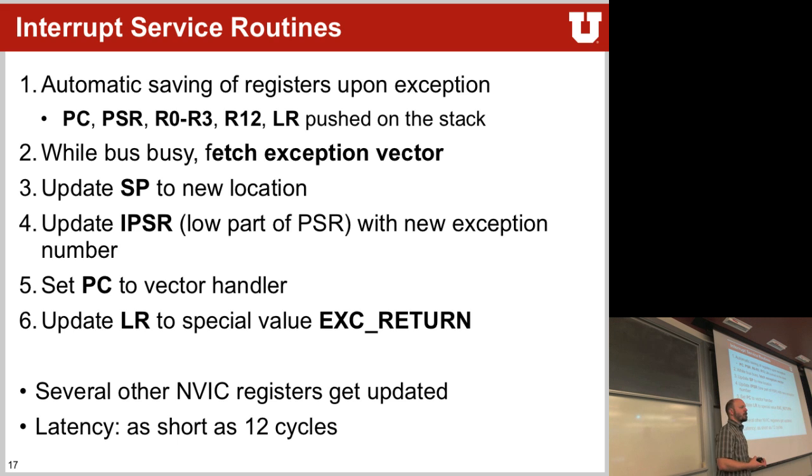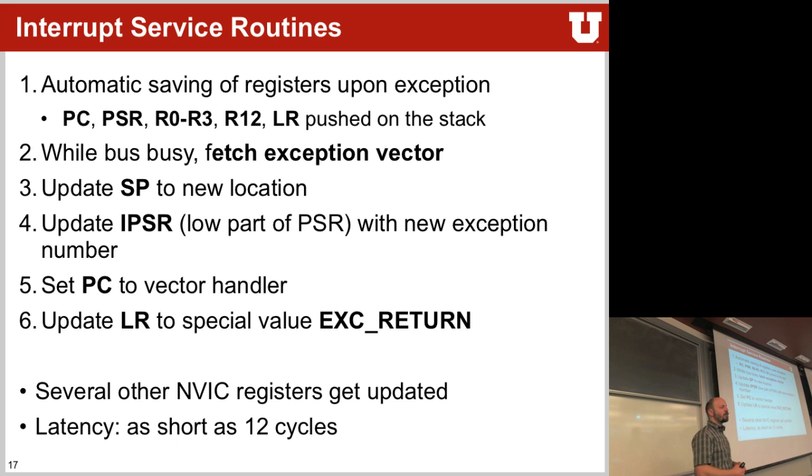The nice part is the Cortex-M3, or the NVIC, actually takes care of that. As soon as an interrupt appears, this is what's going to happen. It automatically saves the program counter, the status register, R0 through R3, R12, the stack pointer, and the link register. And it actually puts this automatically on your stack for you.